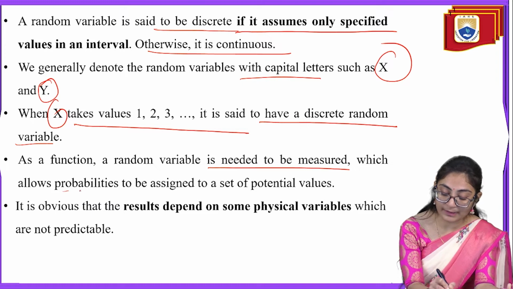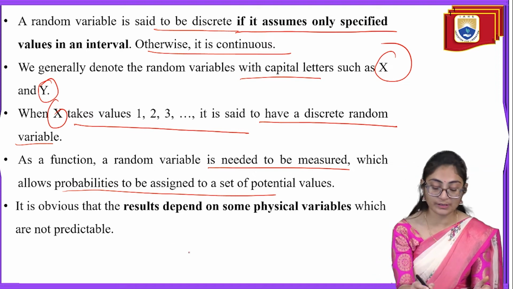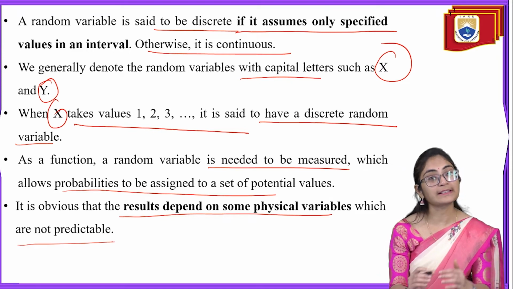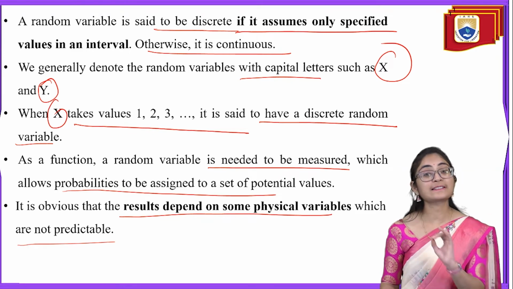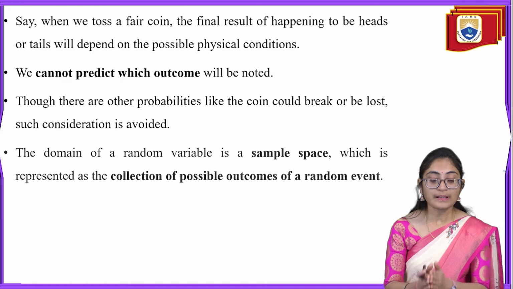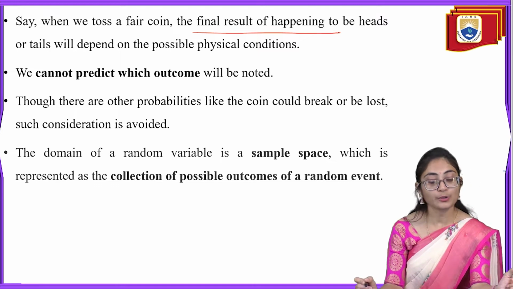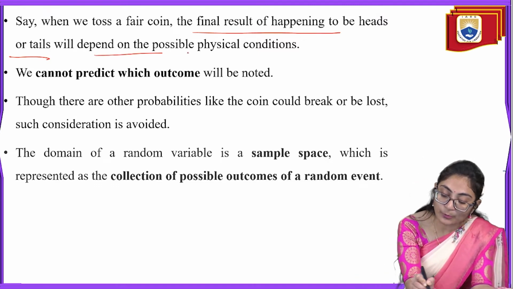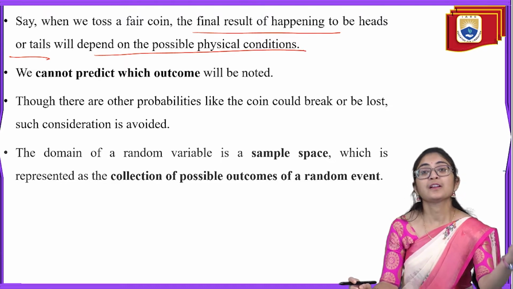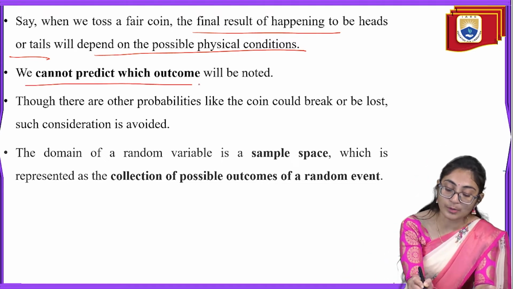Here there is a need to assign a random variable for potential values, and obviously your result will depend on some physical variables which are not predictable. For example, when we toss a fair coin, the final result of heads or tails will depend on possibly some physical conditions. Generally, probability depends on some conditions, and sometimes we can't predict some outcomes.